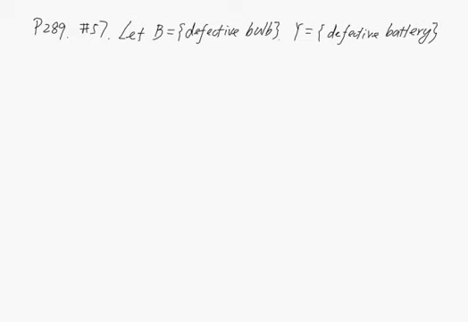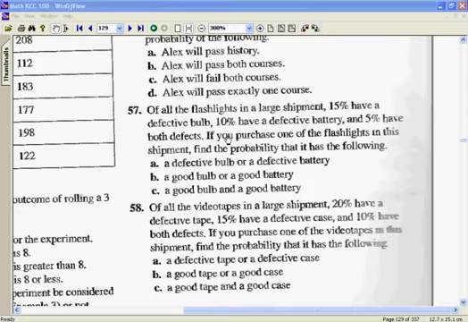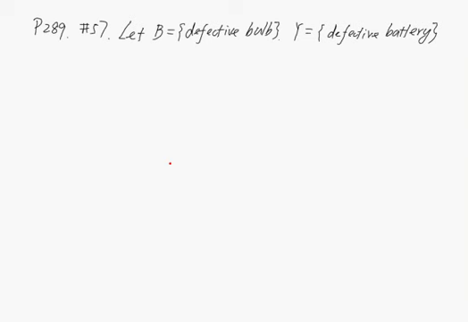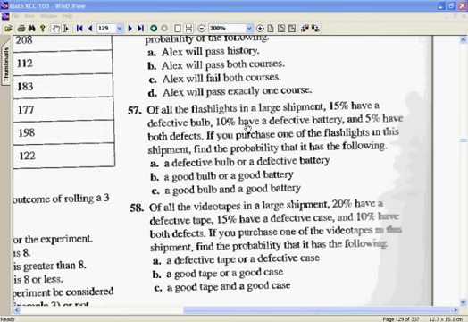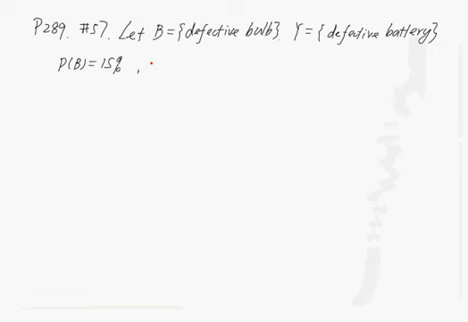Now let's go back to the problem. It says 50% have a defective bulb, right? So the probability of getting a defective bulb is 50%. So the probability of B is equal to 50%. Then the problem says 10% have a defective battery, so the probability of Y is equal to 10%, right?